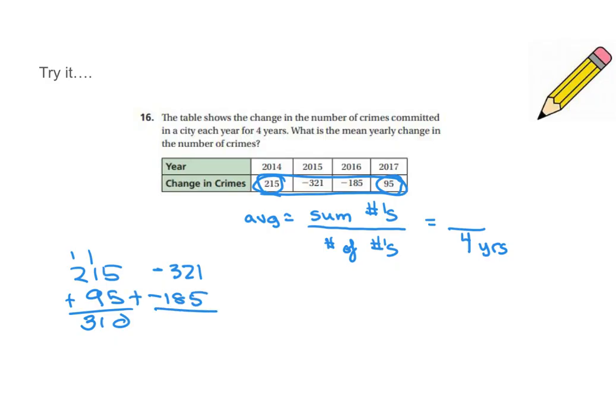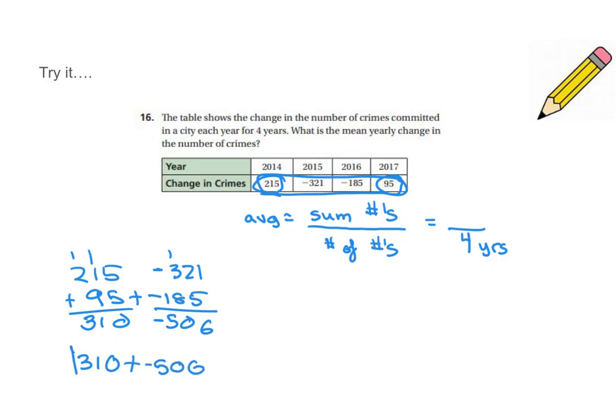We're adding these. So we have a decrease of 506. So what we're going to do here is we're going to take the 310 plus negative 506.